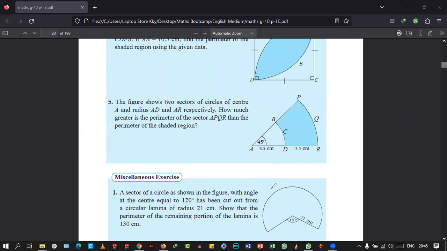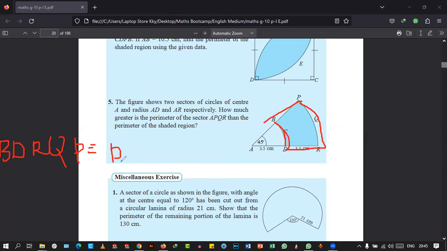Then after that, we need to find out this portion. Right? How can we calculate it? It's very simple. We can write it like this. The perimeter of BDRQP is equal to this perimeter.